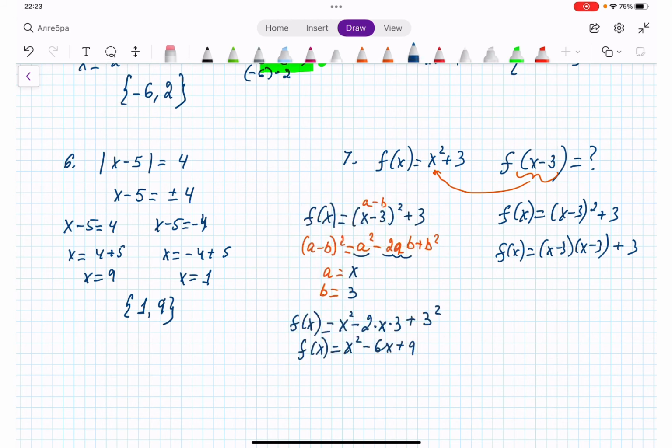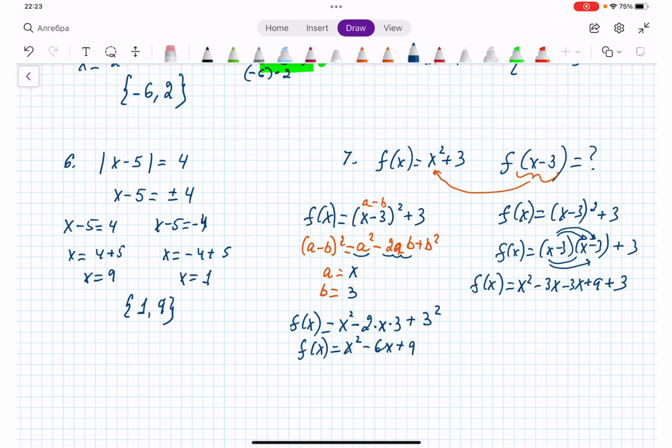Let me multiply x by x, which is x squared; x by negative 3 is negative 3x; negative 3 times x is negative 3x; and negative 3 times negative 3 is positive 9, and plus 3.